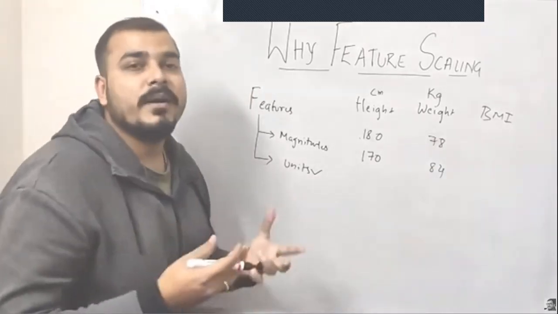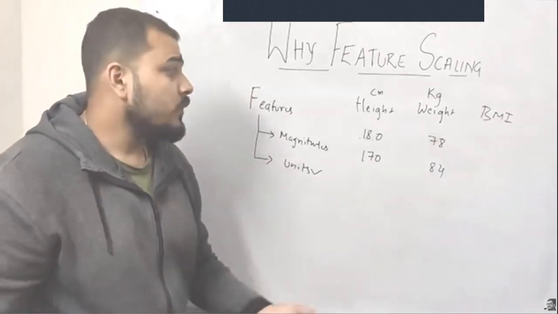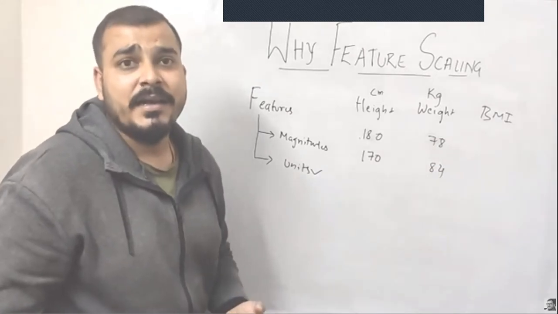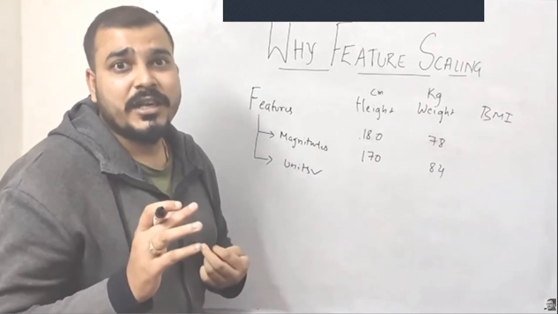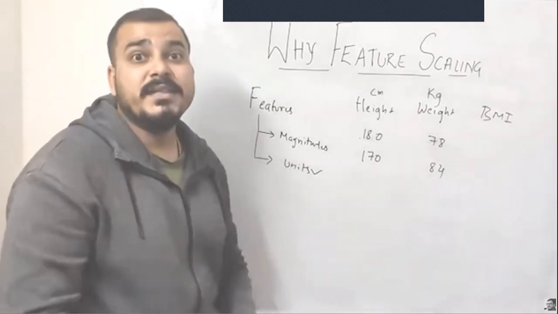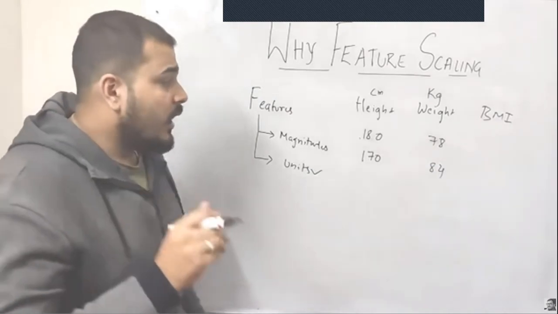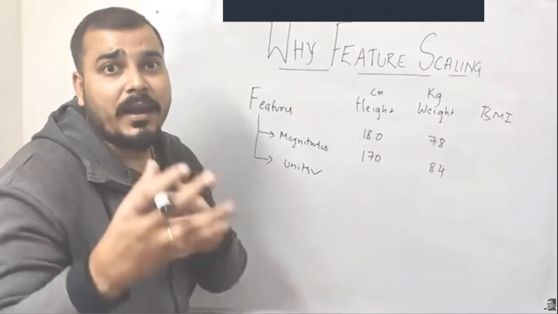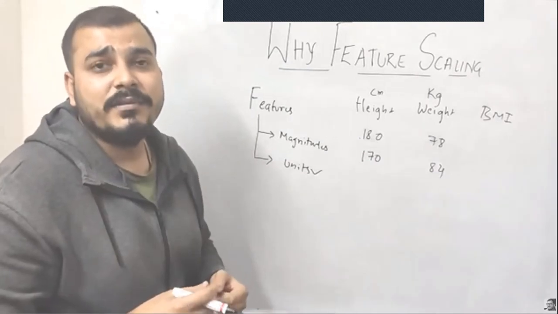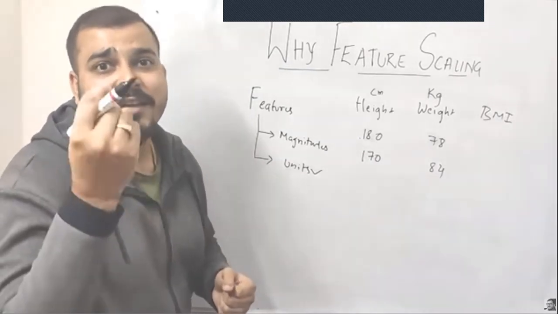Now if we don't perform feature scaling, what may happen in this scenario is that some of the machine learning algorithms, we'll discuss some of the machine learning algorithms where we have to compulsorily do feature scaling. Now if I take these magnitude values and apply them in some machine learning algorithm, let me take an example like k nearest neighbor.